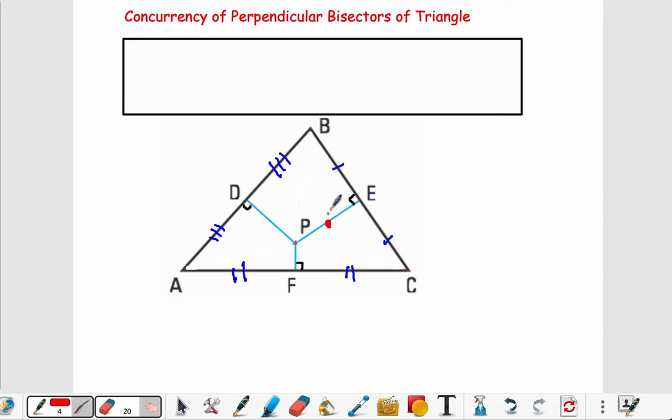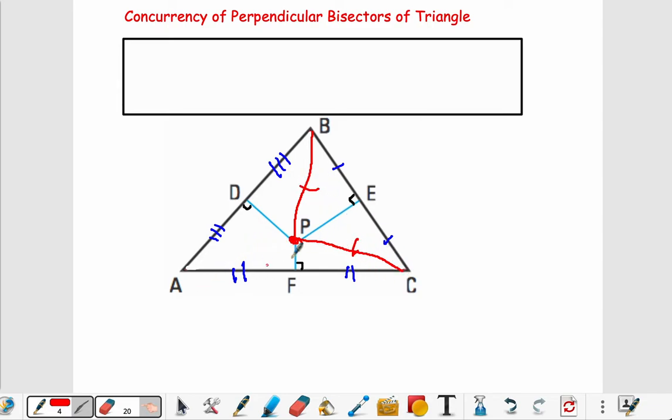So I could put a point here, and I could say that distance to B is the same as that distance to C. That's our theorem that we just learned. So what we can do with that is we can now say this point is the same distance to B as it is to C for that same reason.